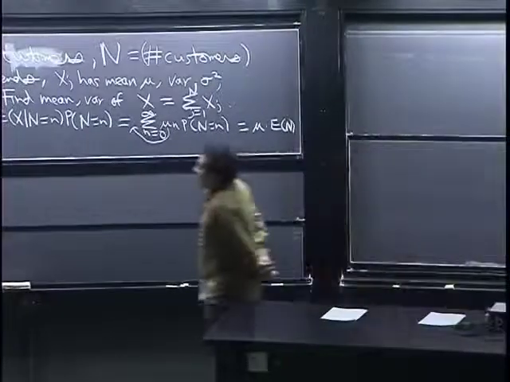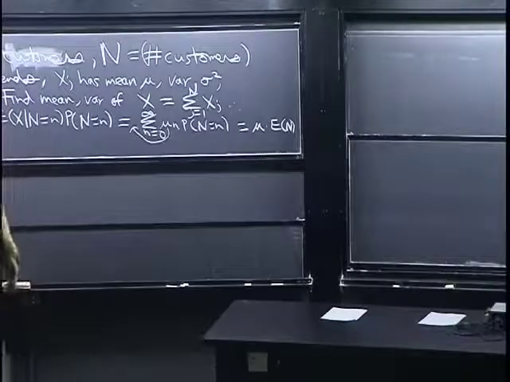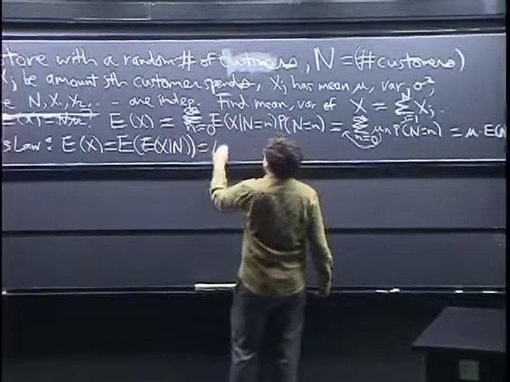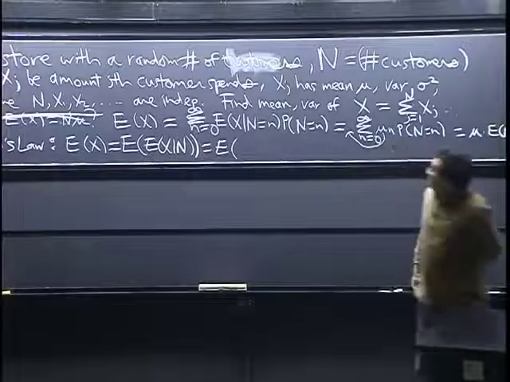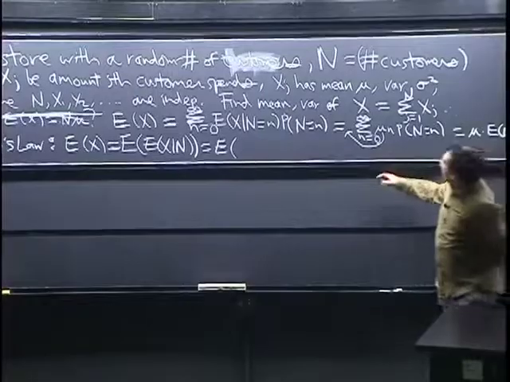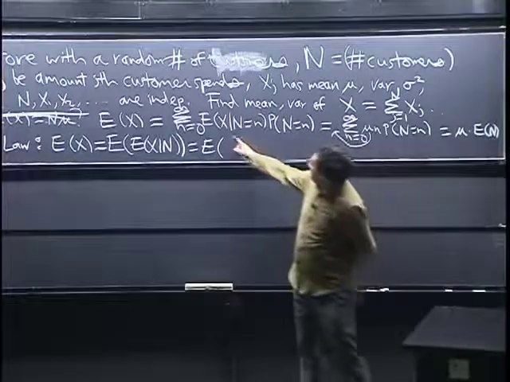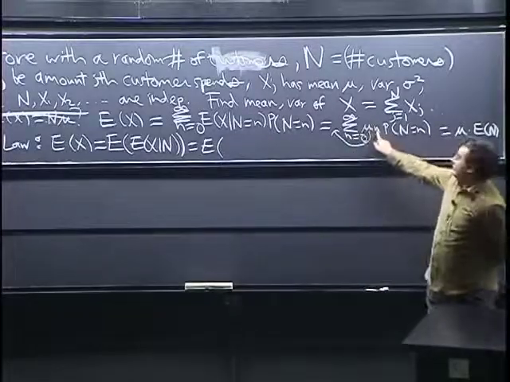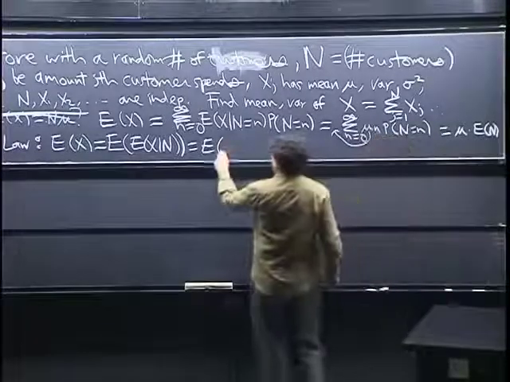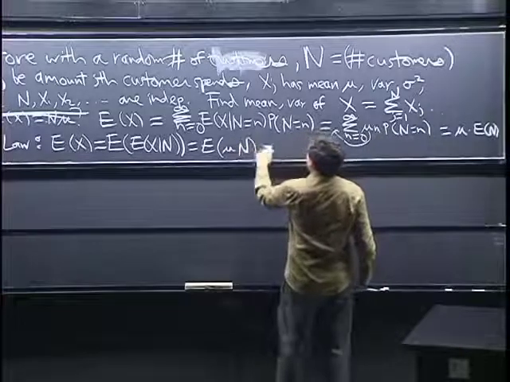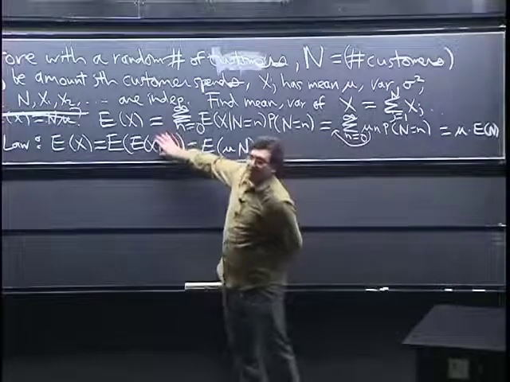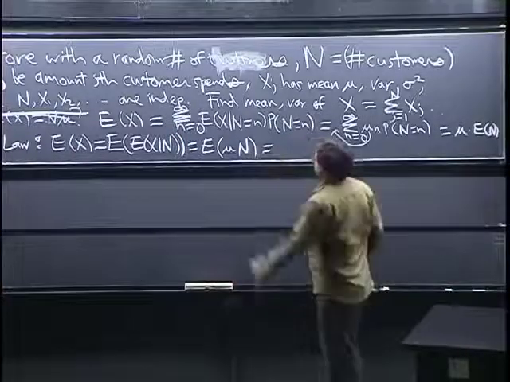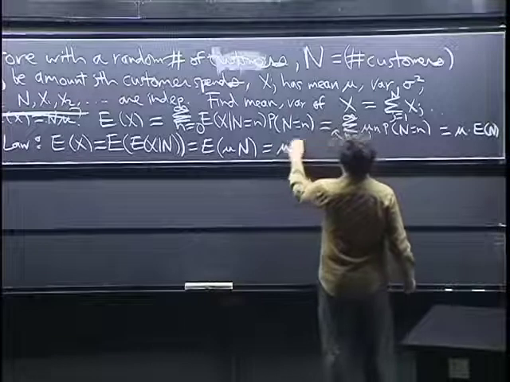So Adam's law, or iterated expectation, just says we can do E of X given N. To get E of X given N, we just take E of X given N equals little n, which was mu times little n, and we replace little n by big N. So that's mu times N. That is, this notation means treat N as a known constant, then by linearity it would just be mu N, and so again this is mu times E of N, so we get the same answer.